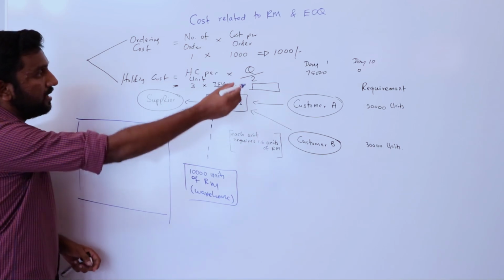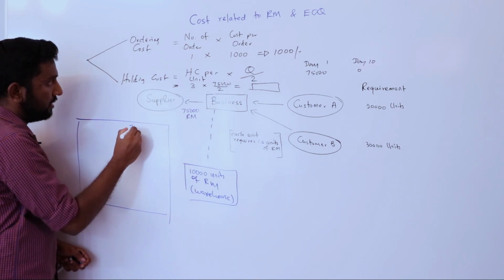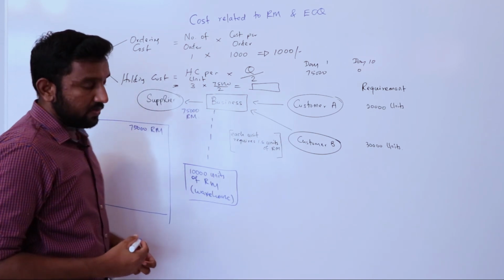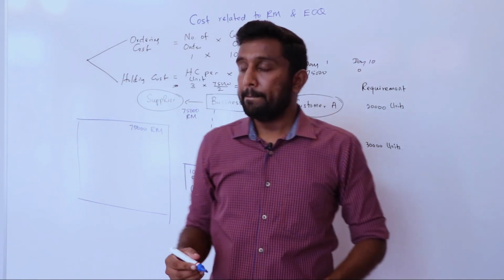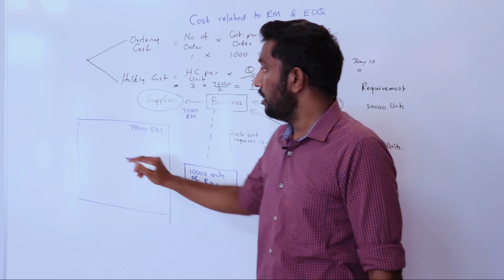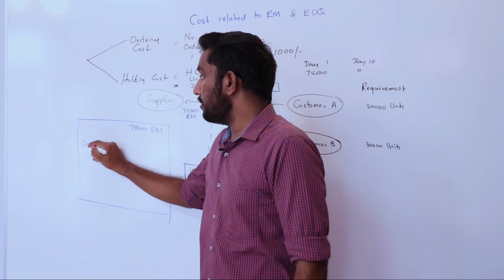Again, the demand is 75,000 raw material, and they are planning to have 10 orders.